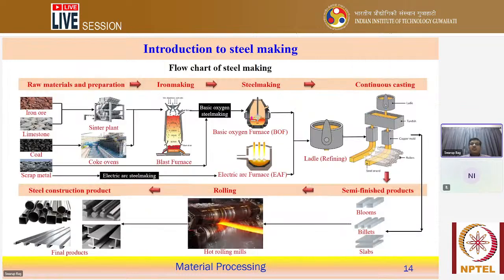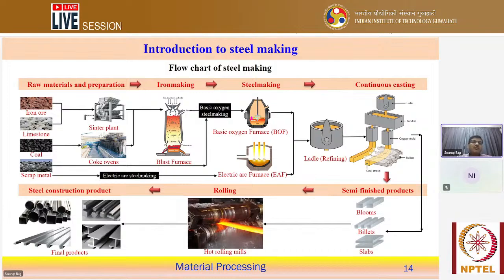Now, let us look at how steel is actually produced, an introduction to the steel making process. Through a flow chart, we can explain the overall steel making process. First, iron ore plus limestone are collected and mixed in the sinter plant.